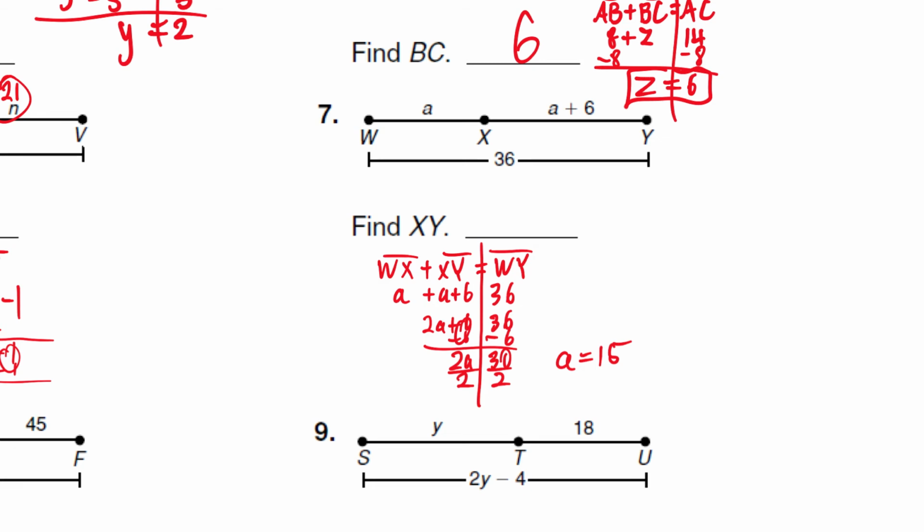WX is a, XY is a plus 6, and the whole thing, WY, is 36. So from here we combine like terms. A plus a is 2a. So we have 2a plus 6 equals 36. Subtract 6, 2a equals 30, divided by 2, a equals 15.